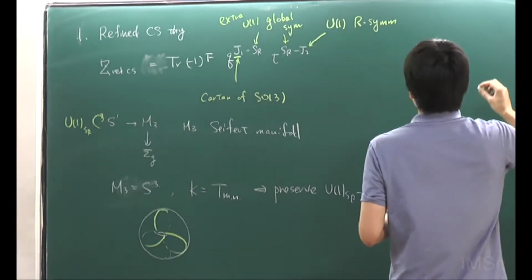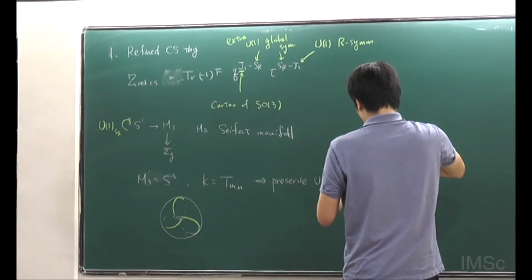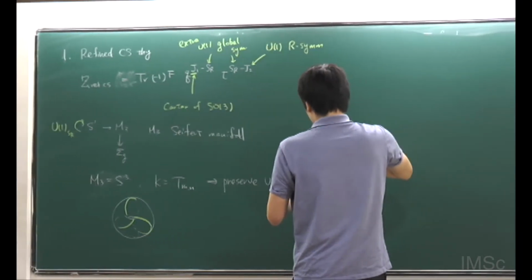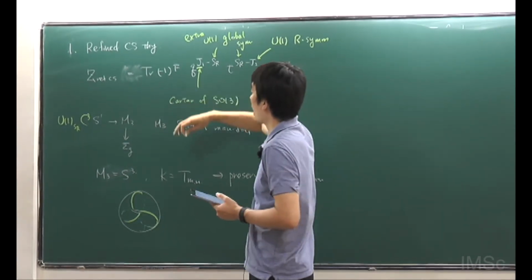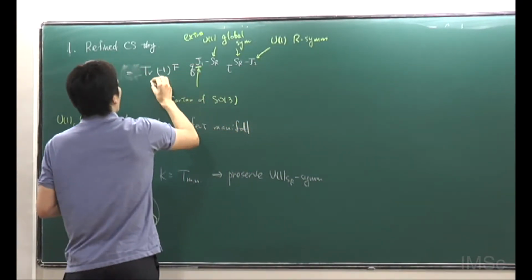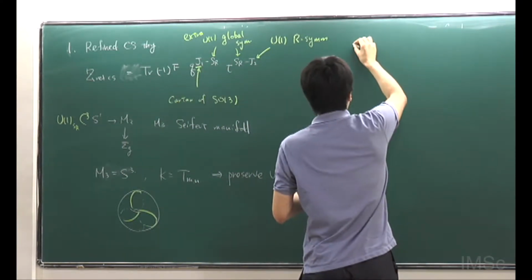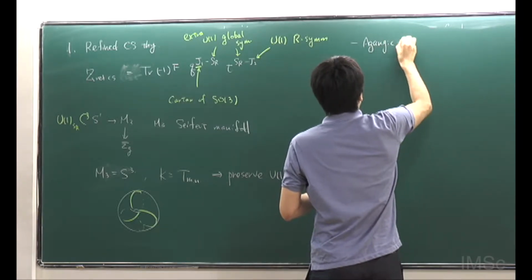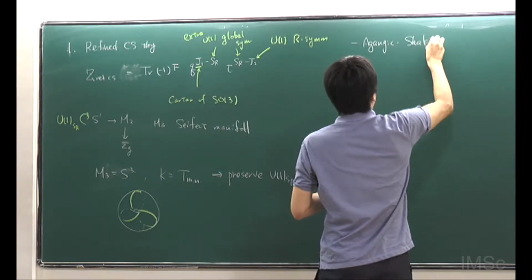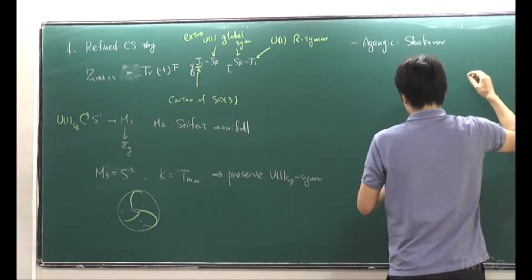Let me be brief here. So this is a very abstract definition of the refined Chern-Simons theory, and Aganagic and Shakirov gave a working definition.